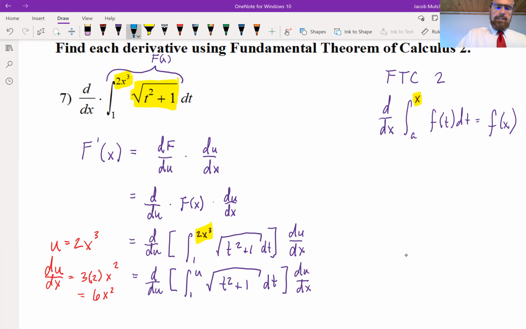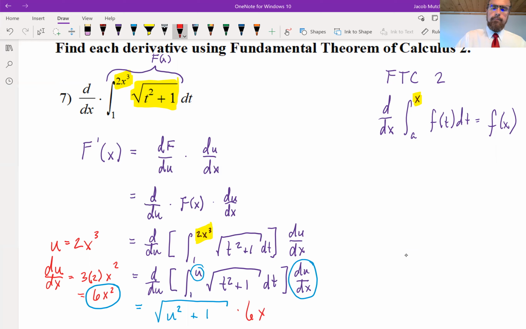So what I'll see next is that this is going to equal the square root. I'm going to substitute in that upper limit of integration for the t value, so square root of u squared plus 1. But then notice, according to the chain rule, I also have this factor du/dx. Now I defined that over here on the u substitution as the derivative of 2x cubed, so that's 6x squared. So I'm going to substitute du/dx for its actual value. And then my last substitution is going to be to take u and substitute back in 2x cubed.